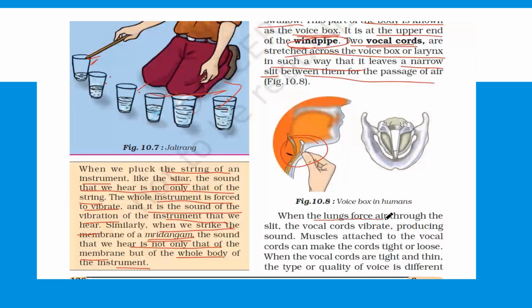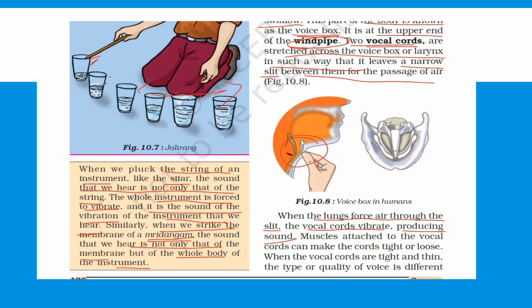So when the lungs force the air through the slit, the vocal cords vibrate and this produces sound. So there is a narrow slit between the two vocal cords. When the air is passed from the lungs through this slit, it produces sound and the vocal cords vibrate.